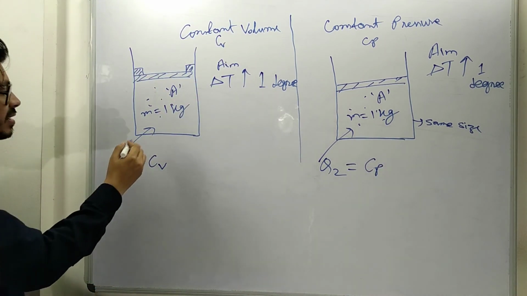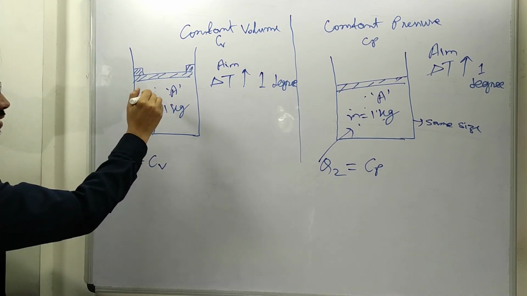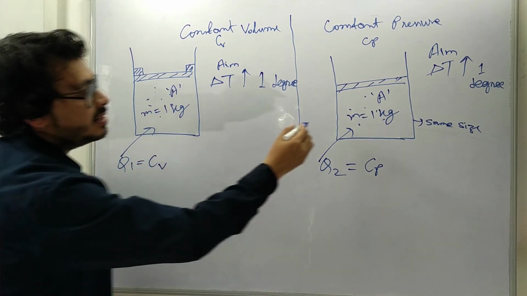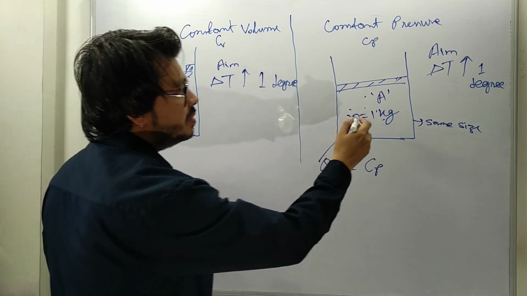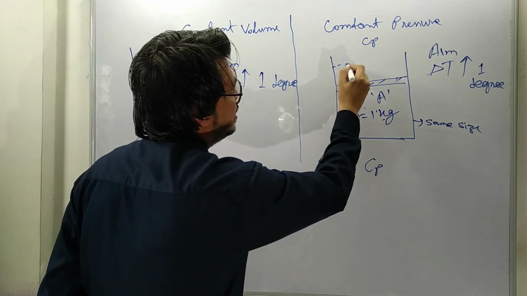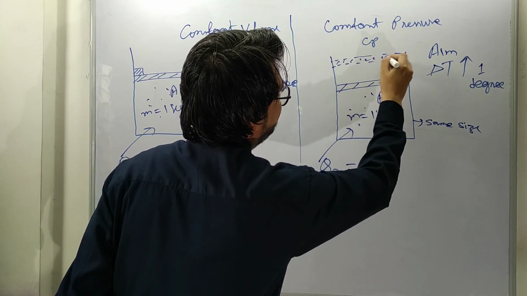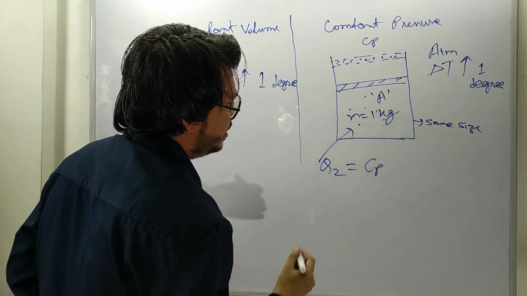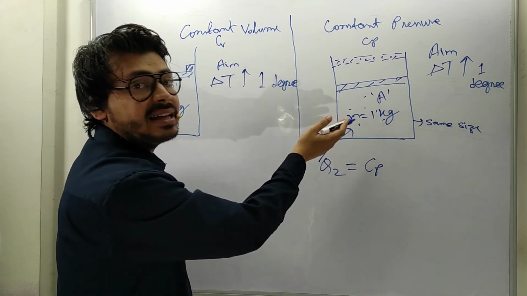Let us see here, the heat is increasing the internal energy of the gas A, and this heat is equal to Cv. But here the heat supplied is raising the temperature of this gas, as well as doing an external work, PdV work, because it is free to move. The piston will move up after some time. So the heat supplied to this piston cylinder arrangement is used to increase the internal energy of the gas as well as to do external work.